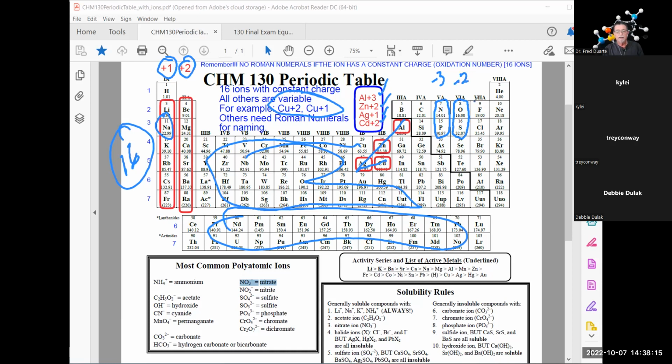And then finally, and again, I'm circling the ones that we use most of the time. It does not mean the ones that aren't circled don't happen. We're circling what we do use quite often. These are the halides. The halides, all of them, every single one of them in that column, have 7 valence electrons.